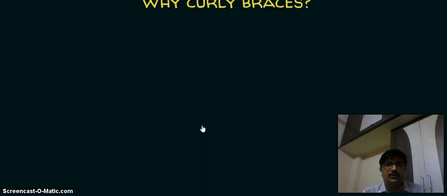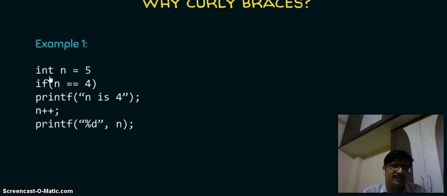You might ask me, why the curly braces then, right? If it is not necessary to put the curly brace, then why do I need to put it? So let us consider an example. See here, int n equals 5, and I am writing if n is equal to 4. I am checking the condition.